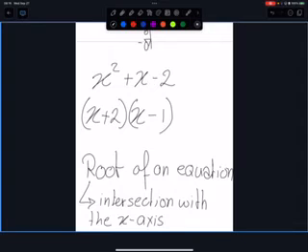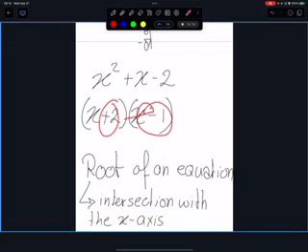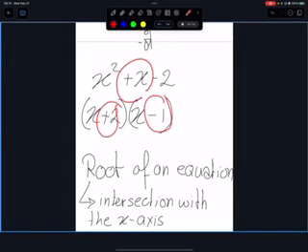Mm-hmm. 2 minus 1 is 1. I don't understand. When you multiply 2 and minus 1, the answer is minus 2. When you add 2 and minus 1 together, it's 1.